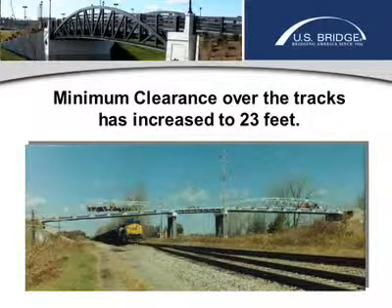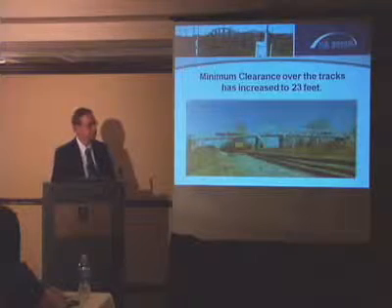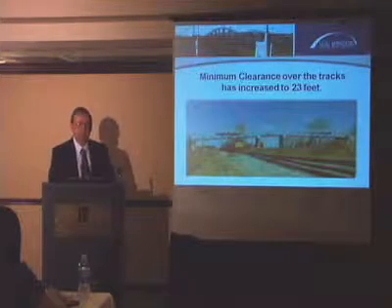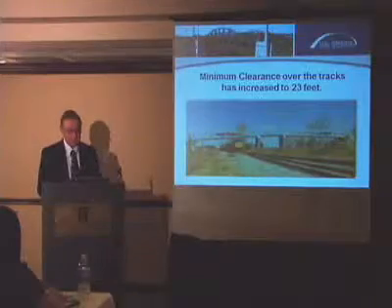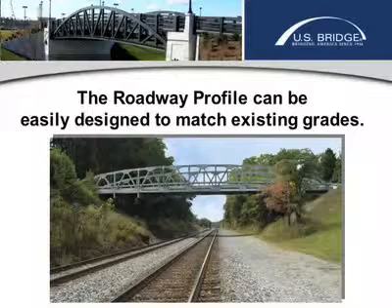One of the reasons for this problem: bridges used to be built with a 20-foot clearance back in the 30s, and recently the clearances have been raised to 23 feet, because they're going with more double-decker train cargo carriers. So with the truss, you can take a lot of these existing roads and match the existing grade without doing a lot of extra work.